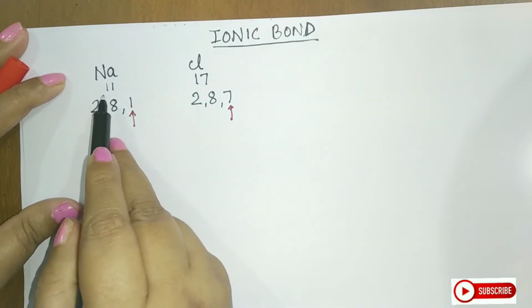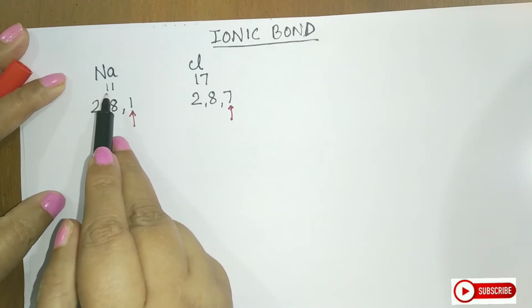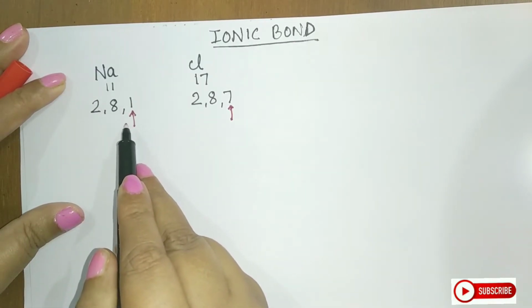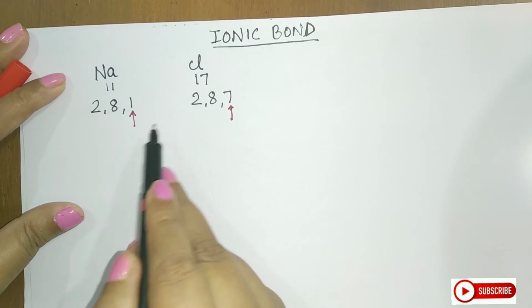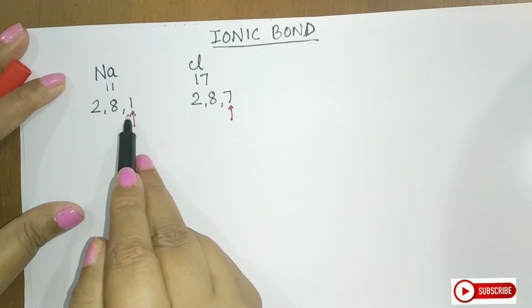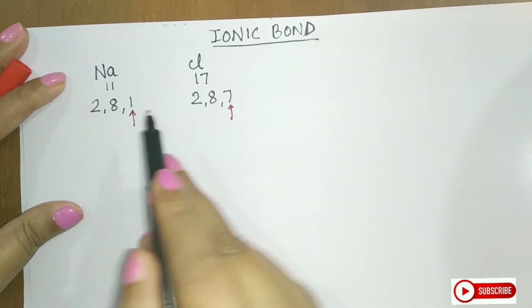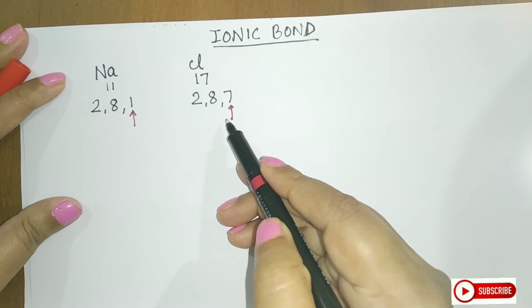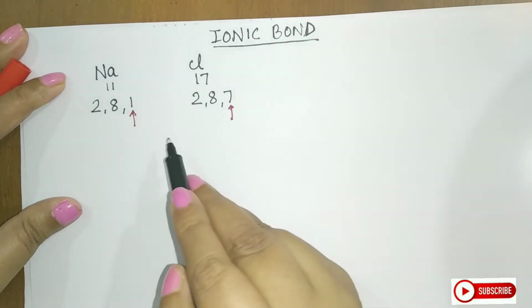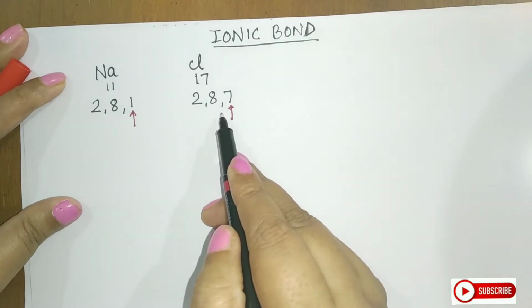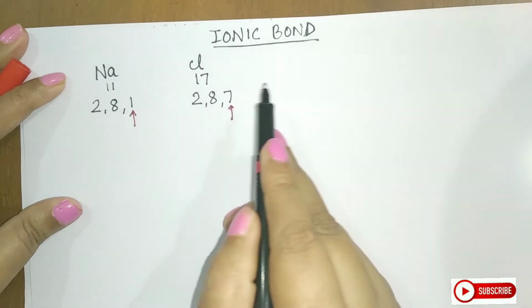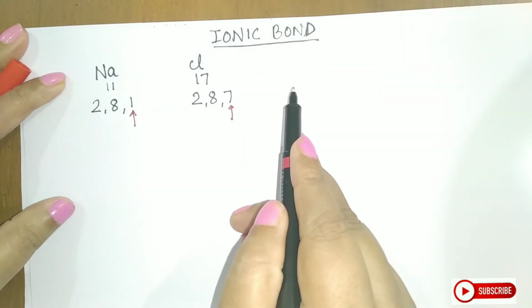Now, if sodium wants to achieve stability, it has to accept 7 electrons from someone, or it has to lose this 1 electron to someone. Similarly, if chlorine wants to achieve the stability of octet, it has to gain 1 electron from someone or lose 7 electrons to someone.